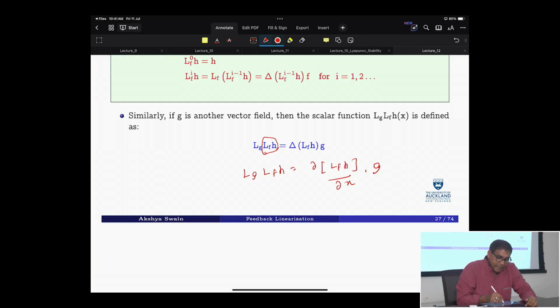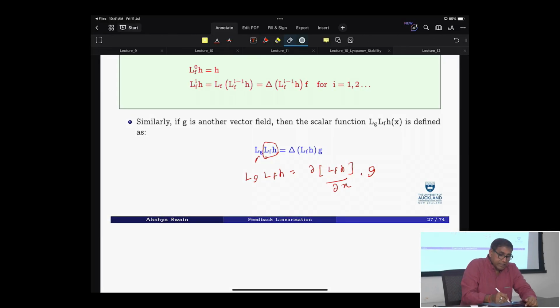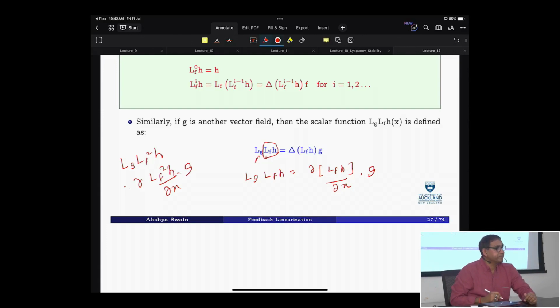So whatever is there here, g, it will be multiplied here, last. Suppose I will say like this, L_g L_f^2 h will be del L_f^2 h over del x into g. Always see the right hand side, entire right hand side you take it and multiply.